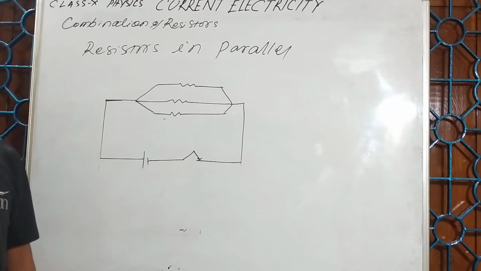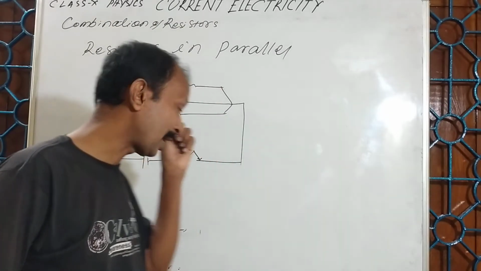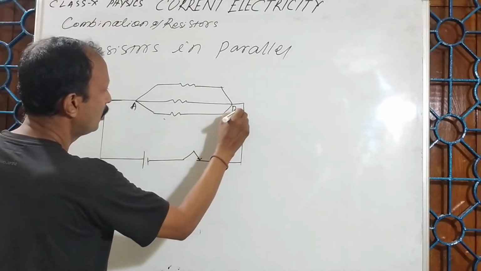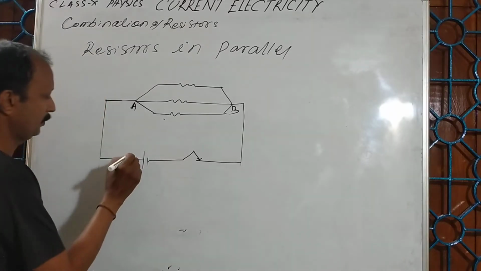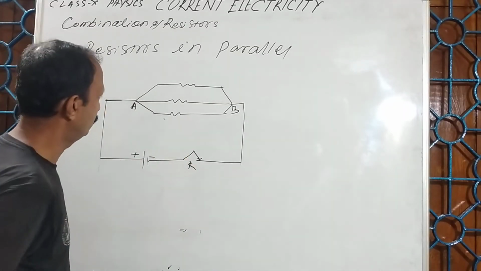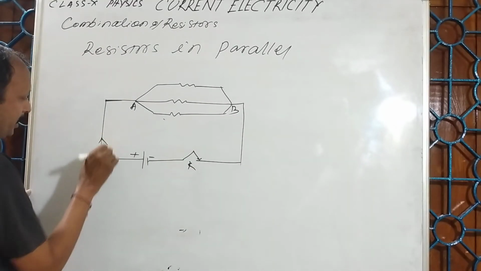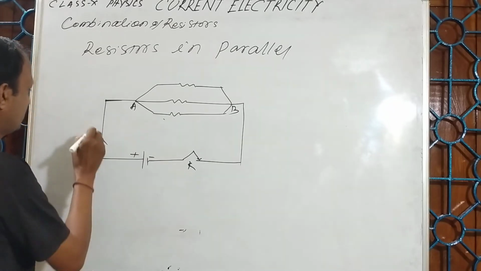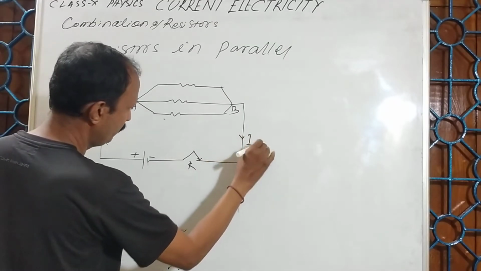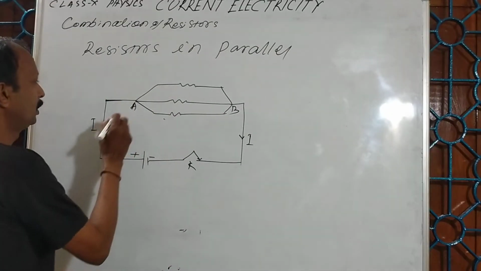So we discuss now how the resistors are connected in parallel. Suppose this is the common point A, this is the common point B. This is the positive terminal of the cell, the negative terminal, and this is the key. Now suppose the amount of current drawn from this circuit is I. The direction of current is all the time from higher potential to lower potential.